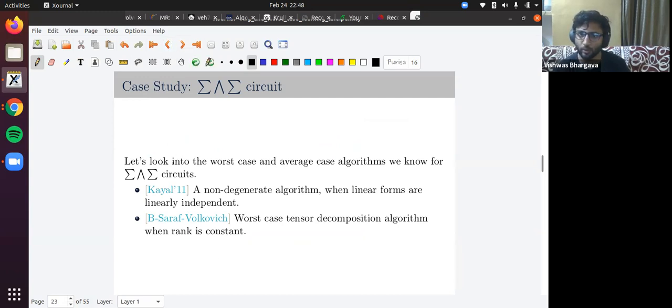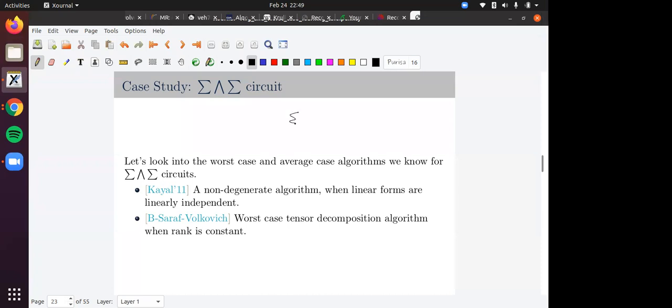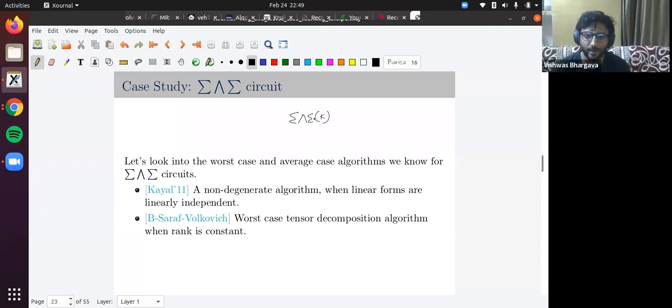We'll look at two algorithms for this model, one being a non-degenerate algorithm, by Kayal 2011, and another a worst case algorithm, for sigma power sigma with top fan-in k, that is, rank k. I've written this in terms of tensors because this actually turns out to be equivalent to decomposing a symmetric tensor.